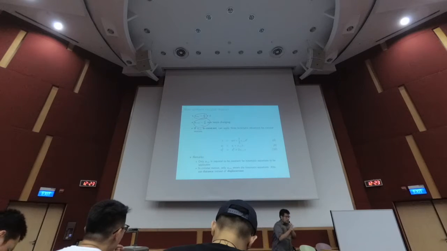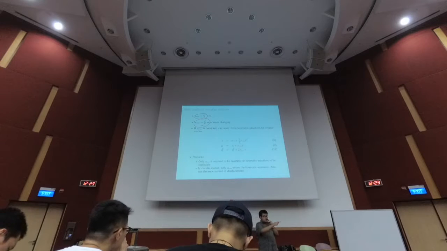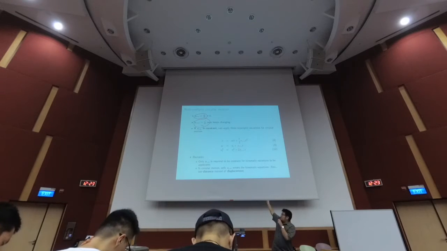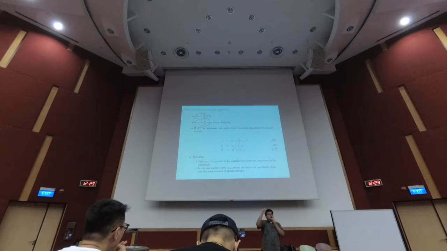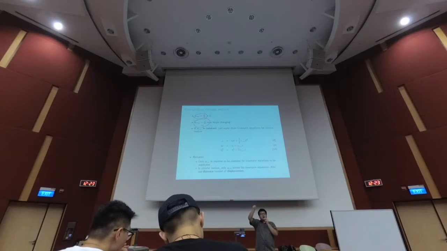But for circular motion, the S actually refers to the distance. That means, for example, if the object moves one full circle, then your S is not 0. Even though it returns to the original location, because you take distance, you need to take into account the total distance traveled, which is 2 pi r.